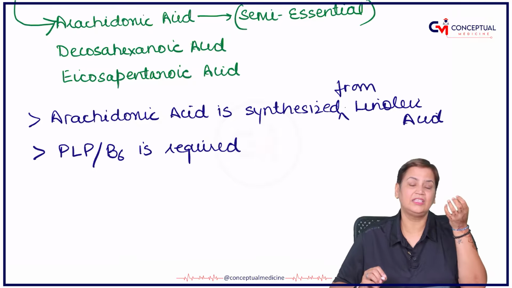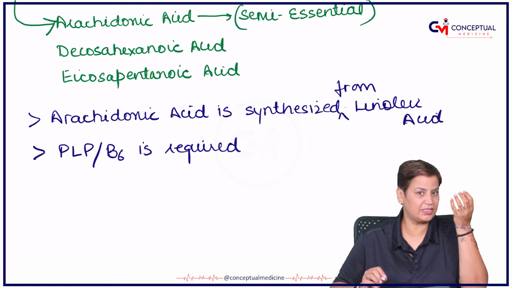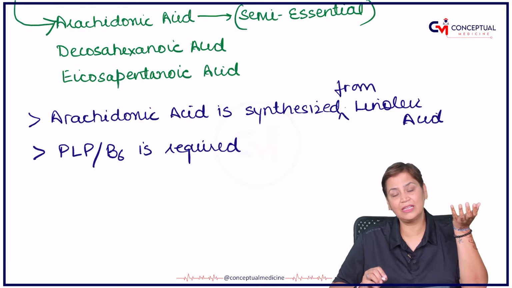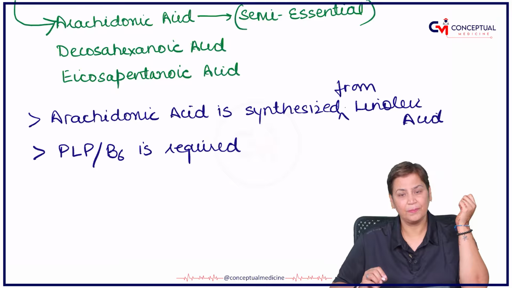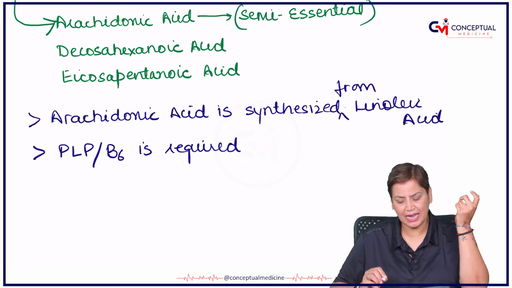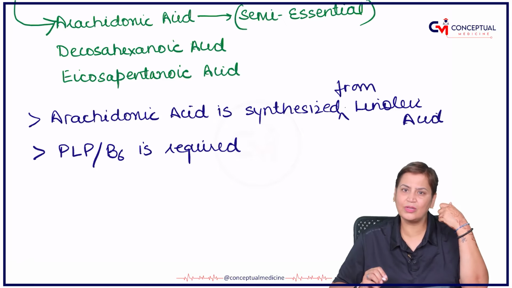Like we know that steroidal hormones, if we talk about the sex hormones, they are actually synthesized from cholesterol. Cholesterol is nothing but an animal sterol. And cholesterol is also synthesized in the body, no doubt we get it in the diet also, but it is synthesized also in the body.